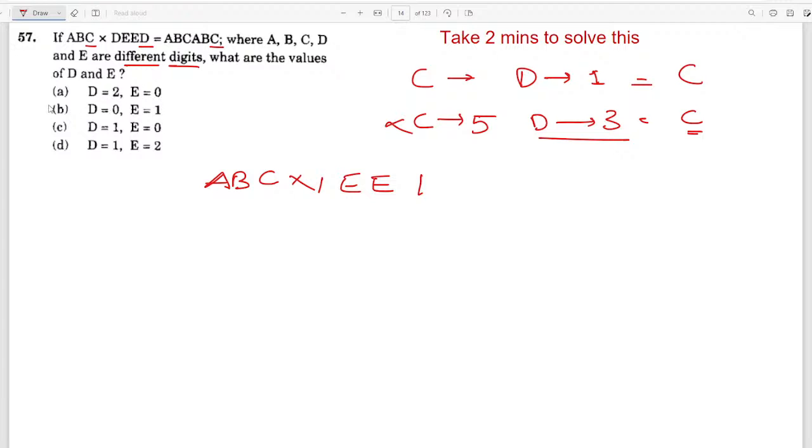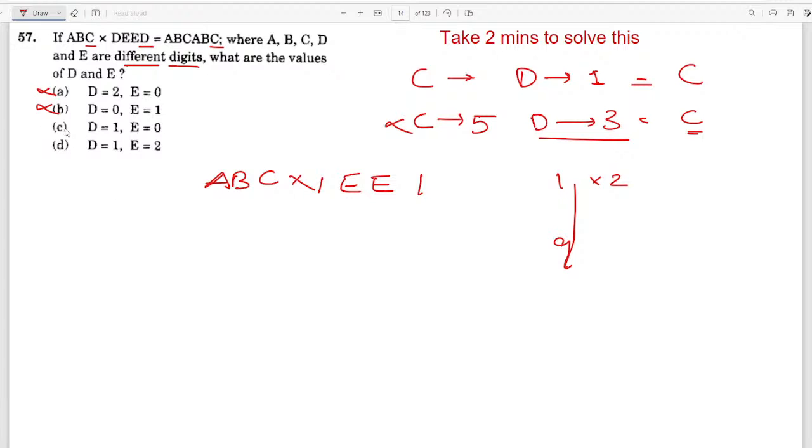So D is not equal to 0. D is also not equal to 2. Check any numbers from 1 to 9, and when you multiply by 2, would you get the same number? No. So this 2 also would go.